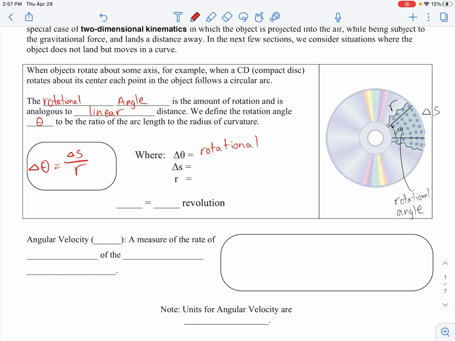Theta is rotational angle. S is arc length. R is radius. And just remember, when we're looking at a full revolution, we can define that as 2 pi.